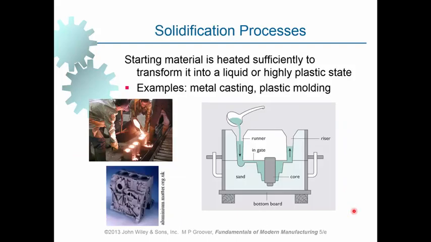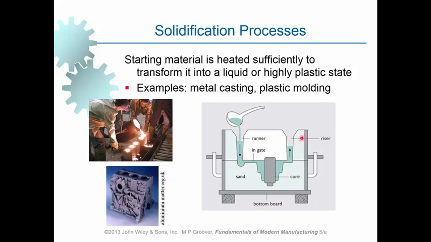Correct. Well, in this slide here we can see a simple representation of a typical and very common solidification process, that is metal casting. In this process, the most common type of casting is to make use of sand in order to make the mold.